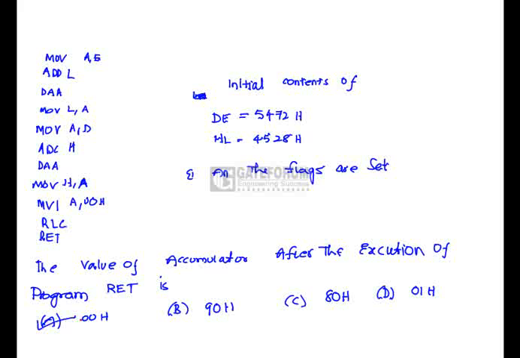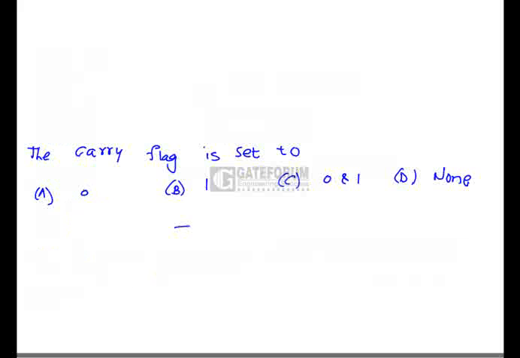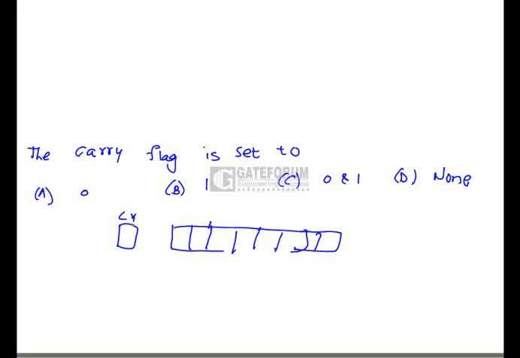So option A is correct. Coming to the carry flag is set to: after the RET instruction, the carry flag depends upon the last arithmetic instruction before execution of RET. Here it is RLC, rotate accumulator left. The accumulator is an 8-bit register, D7 to D0, and this is the carry flag.